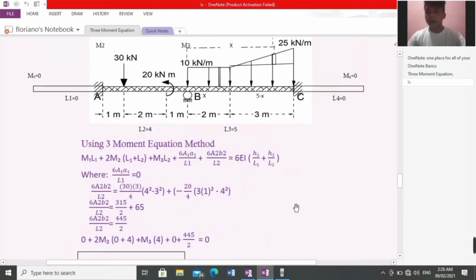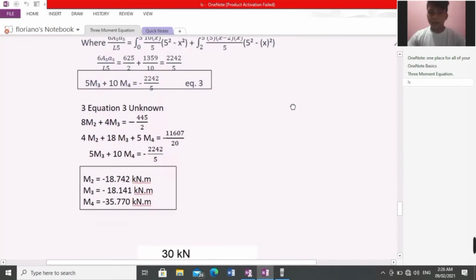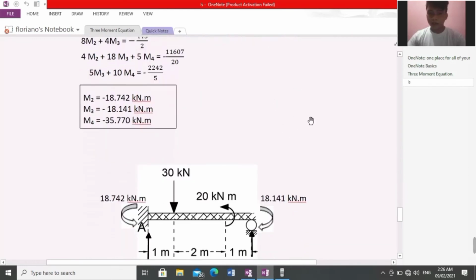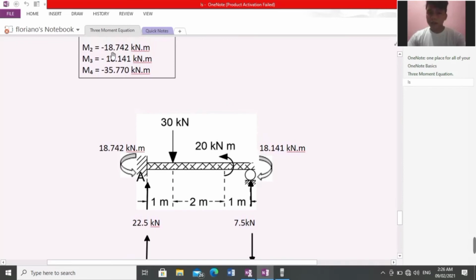So, parang kabaliktaran lang nung pag-assume natin. Ito na yung magiging beam natin kapag kinat. So, ang gusto kong sabihin, kung negative yung nakuha natin, kung ang positive conversion dito is clockwise, magiging counterclockwise dito. Kung positive conversion dito is counterclockwise, magiging clockwise dito.